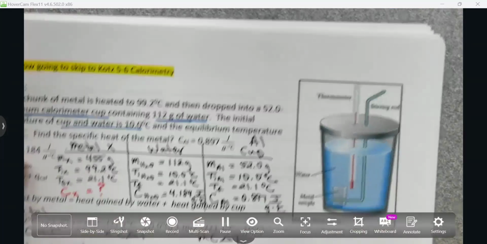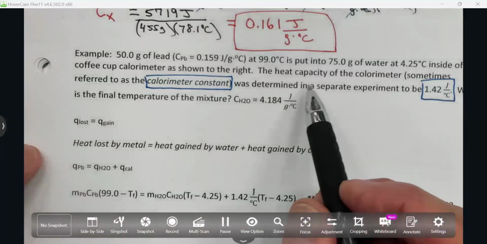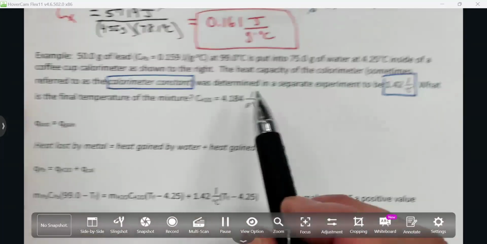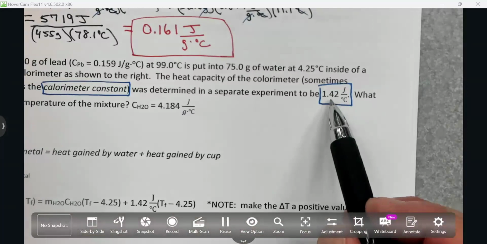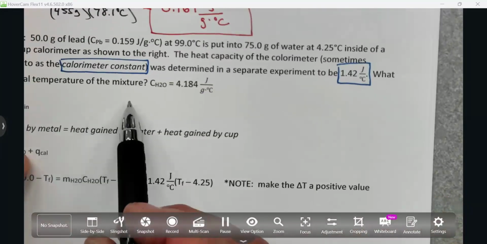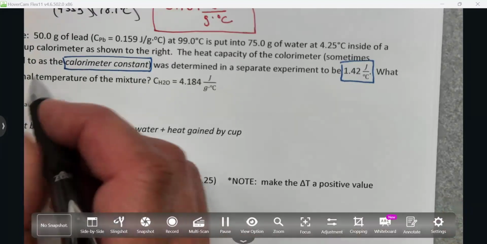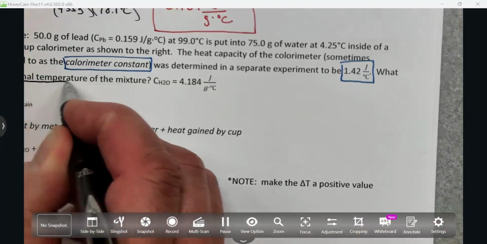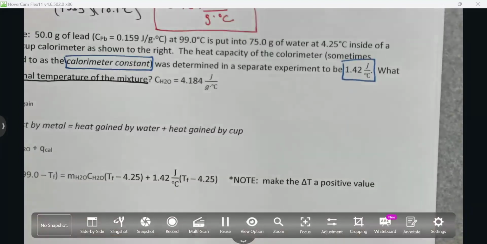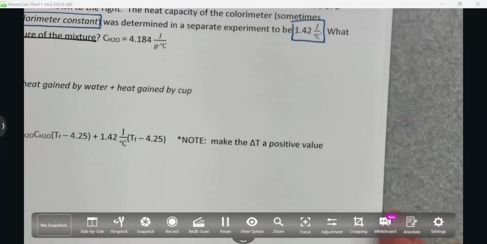Something like this, perhaps. The heat capacity of the calorimeter, sometimes referred to as the calorimeter constant, was determined by a separate experiment to be 1.42 joules per degree Celsius. What is the final temperature? Whoa. Final temperature.